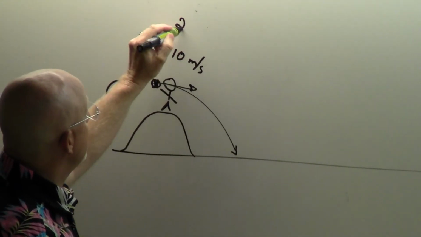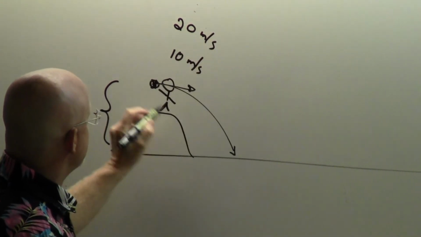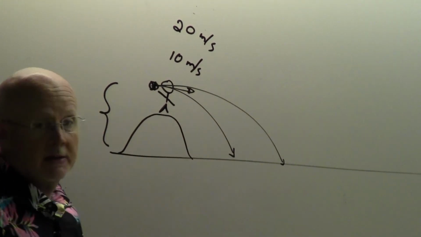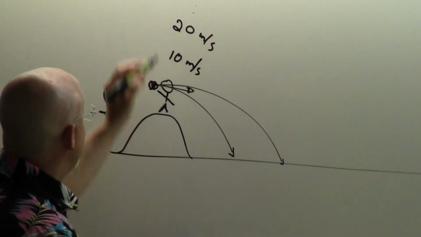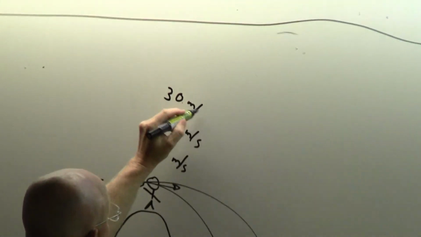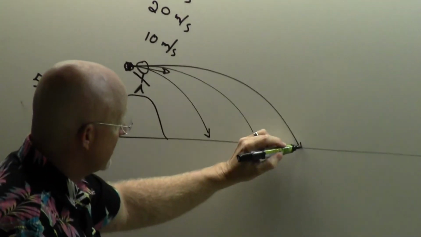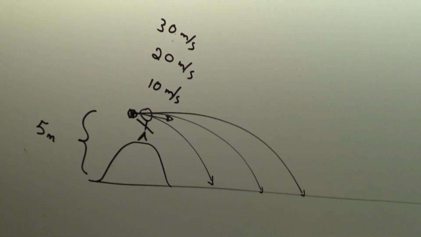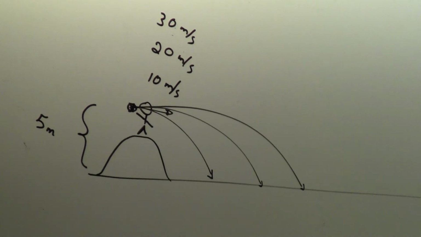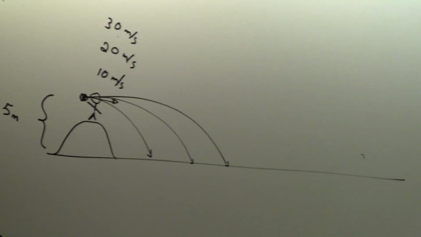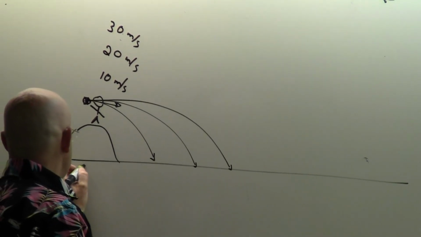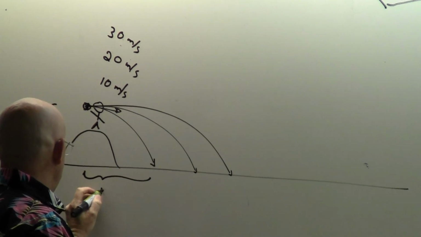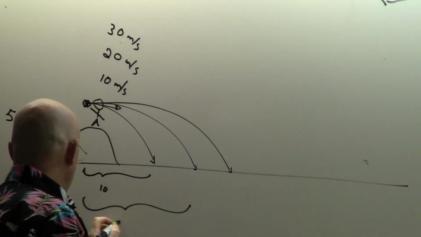And if I threw it a little faster at 20 meters per second, it would look like that. And if I threw it even faster at 30 meters per second, it would look like this. In all three cases, it would be in the air for 1 second, because the vertical and horizontal are separate.